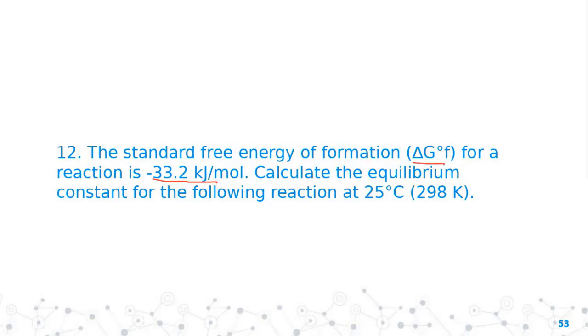Then you want to find the equilibrium constant for the following reaction at 298 Kelvin. So we're basically looking for what K is. We're told delta G naught is negative 33.2 kilojoules per mole.